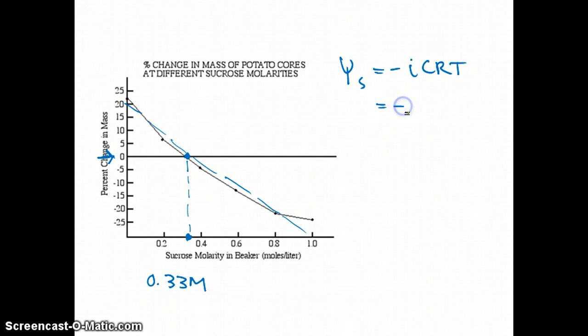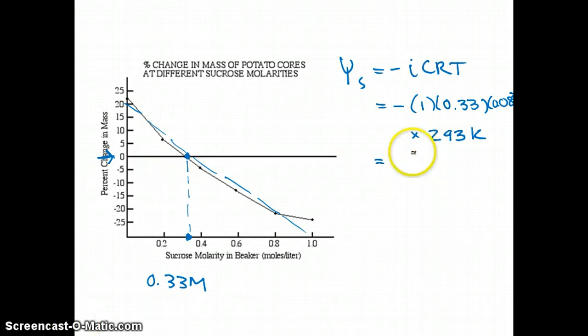And you would get negative, remember I is 1, times 0.33 times 0.083, times, let's say we have 293 kelvins.